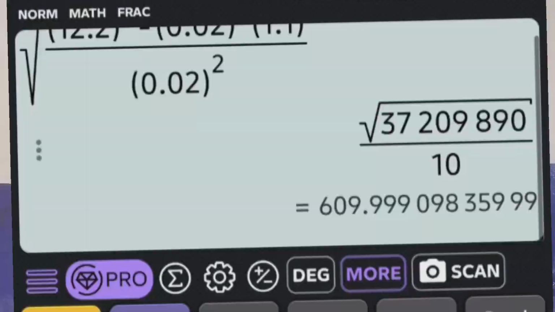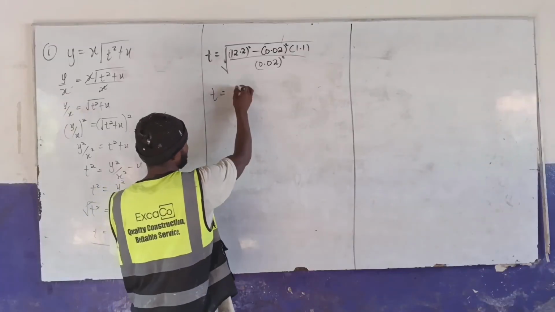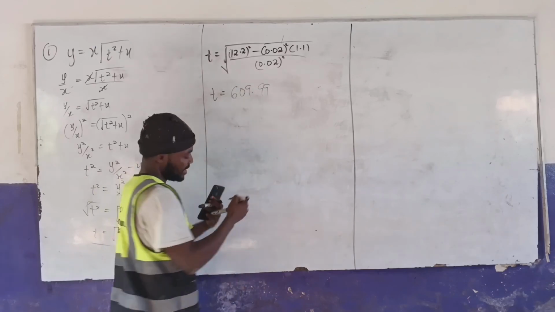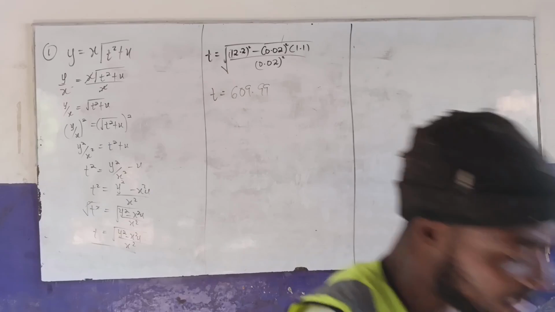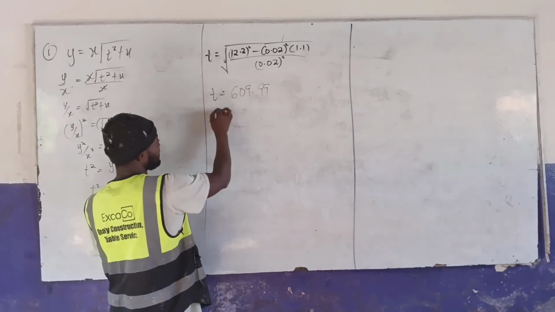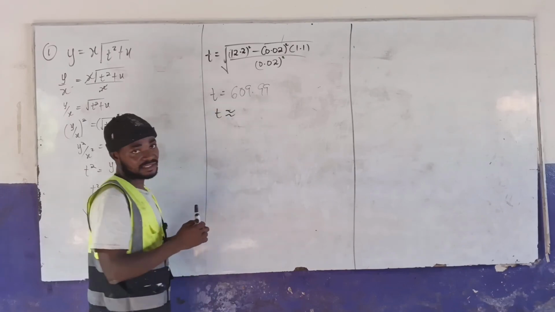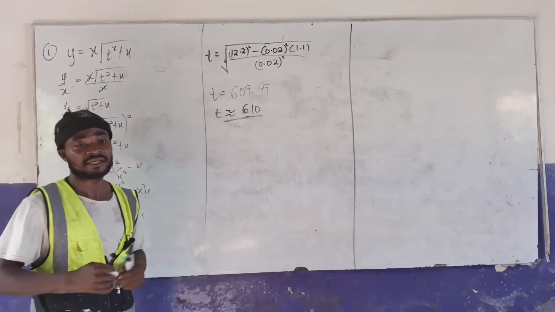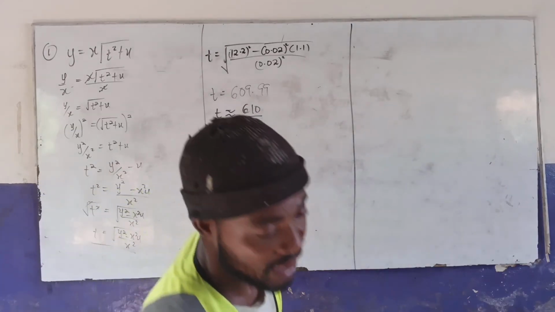When we use the calculator, we get 609.99. But the question asks us to round this to the nearest whole number. So rounding this to the nearest whole number, we can say t is approximately 610. That is it for the first question.